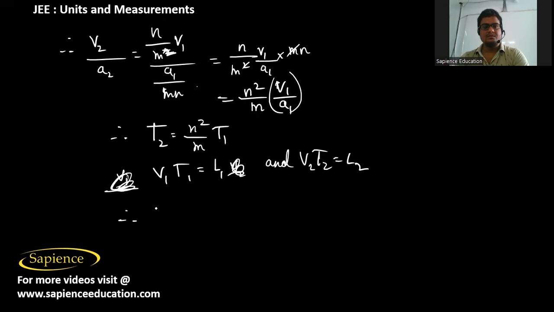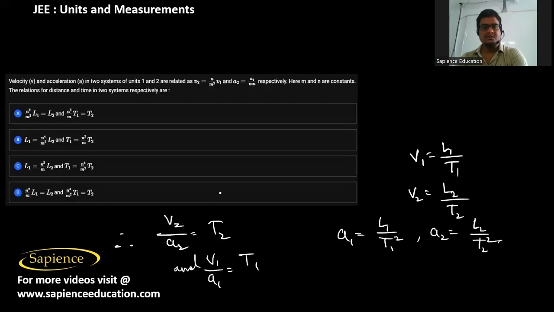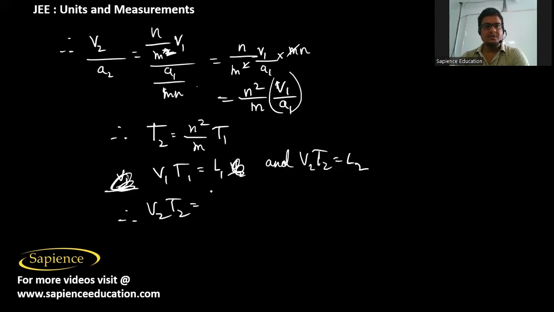So v2 into T2 will be equal to v2, which is n by m square into v1, into T2, which is n square by m into T1.